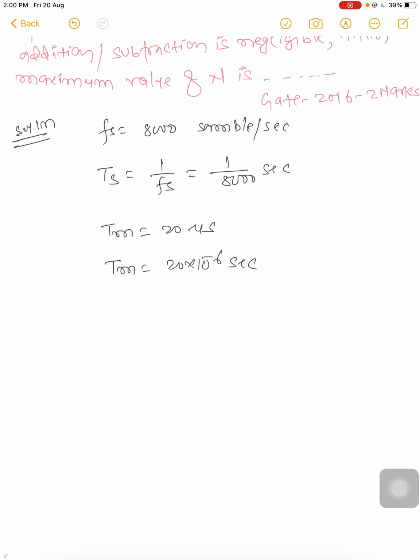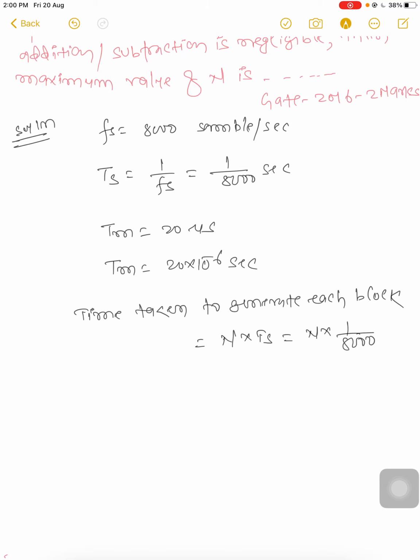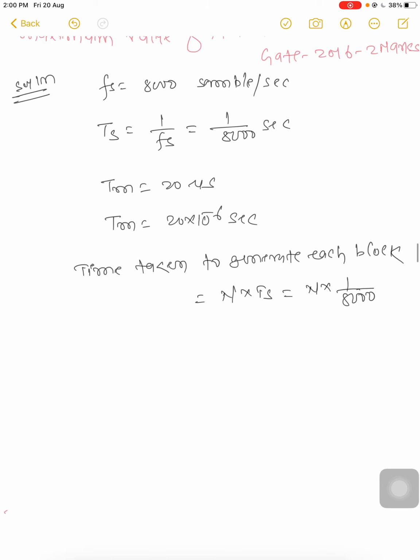Okay, suppose the block size is N, which is given, then the time taken to generate each block is equal to N into Ts, that is N into 1 upon 8000.